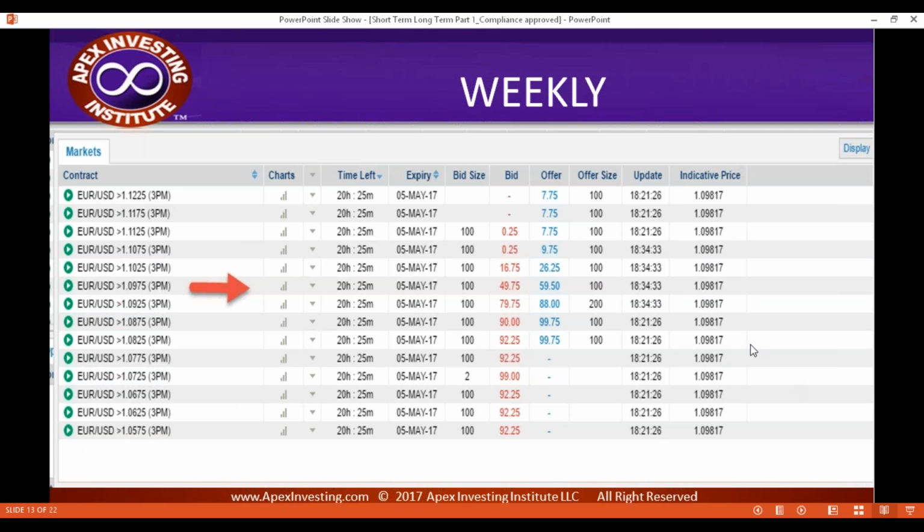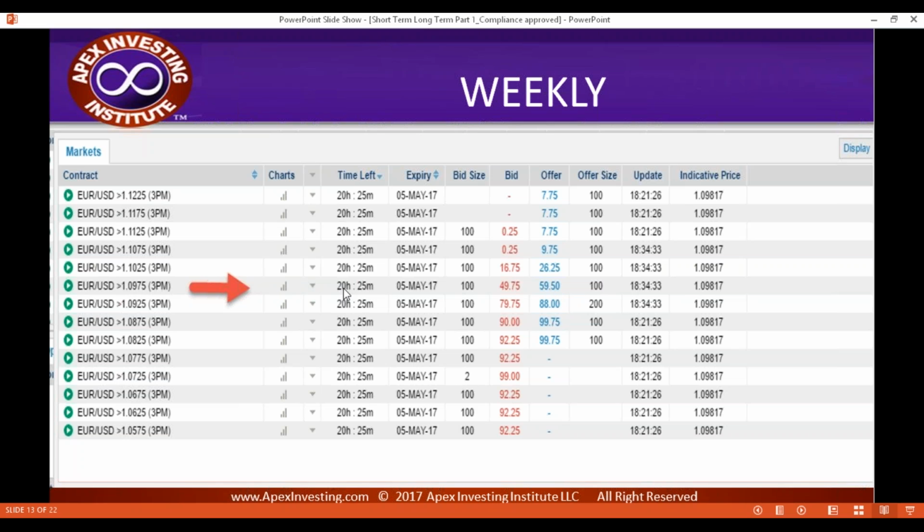So let's take a look at something here. Look at this screenshot. This is a weekly binary. I took this screenshot last week when I put these slides together, and I think I took it on a Thursday night. As you see here, there's 20 hours and 25 minutes to expiration, because this would have been the Friday 3 o'clock expiration.